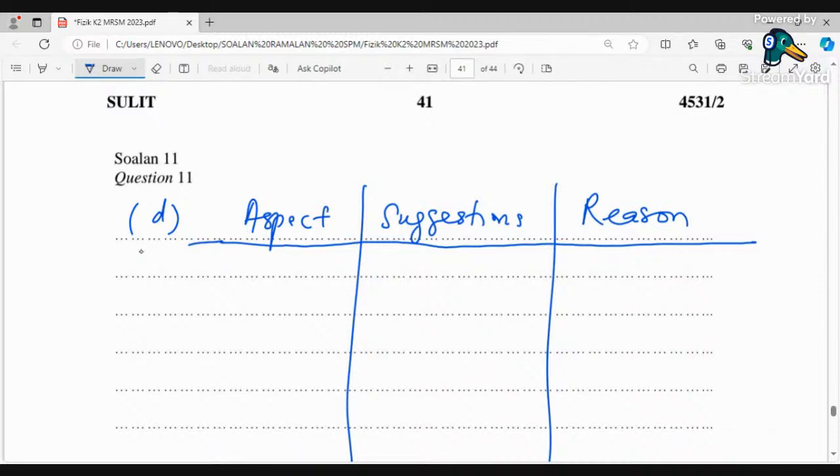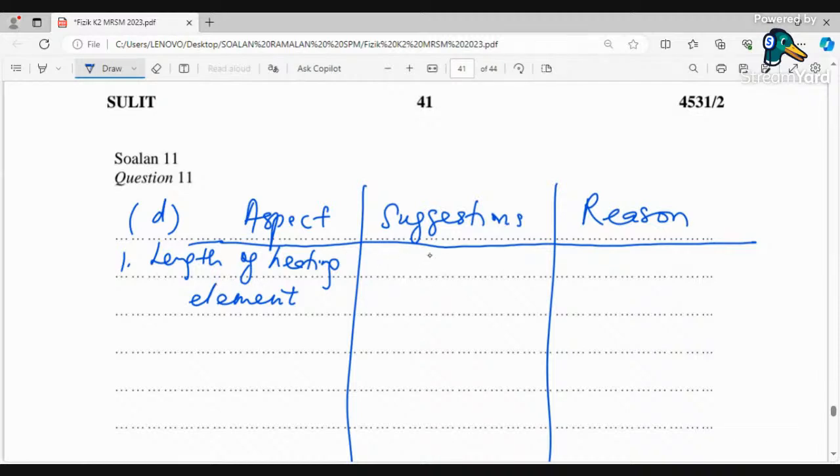Okay, the first aspect you can see from here is the length of the heating element. The factors that affect it: length, diameter, material, all of those can go in.